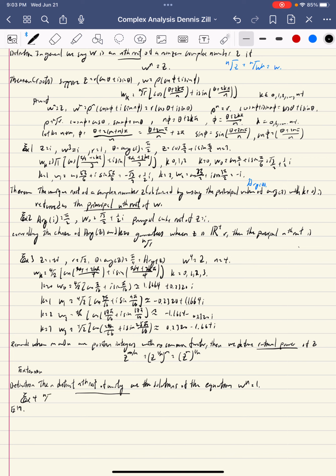Given cosine of 2 pi k over n plus i sine of 2 pi k over n, right? And we know that w is a cube root of unity corresponding to k is equal to 1, right? And solution, really just substitute n is equal to 3 and k is equal to 1, right?